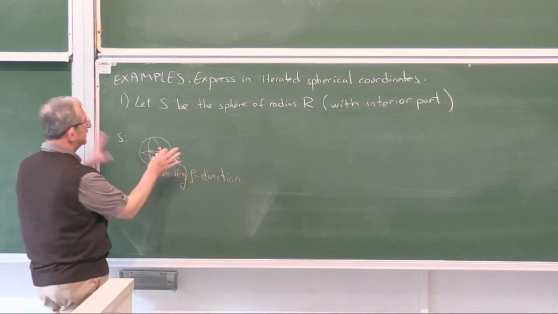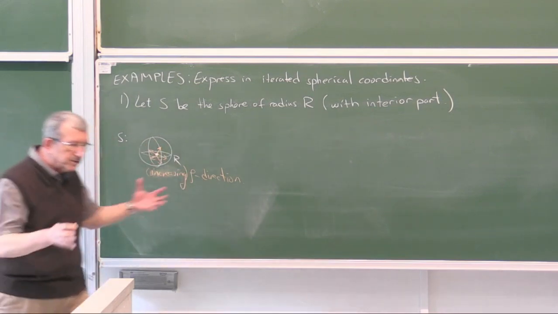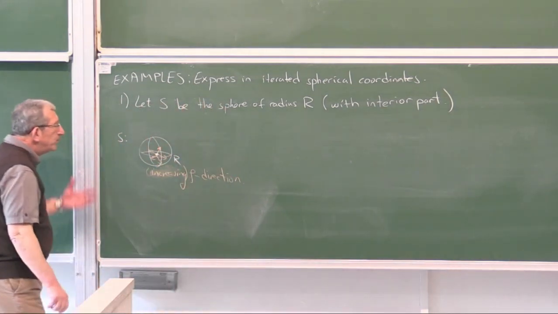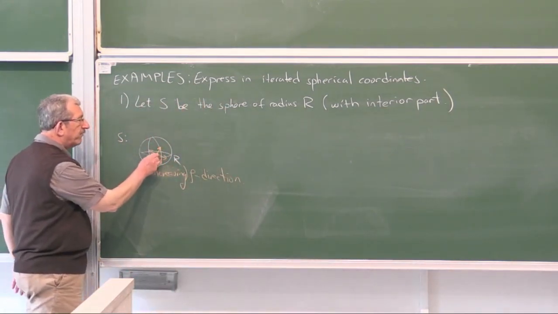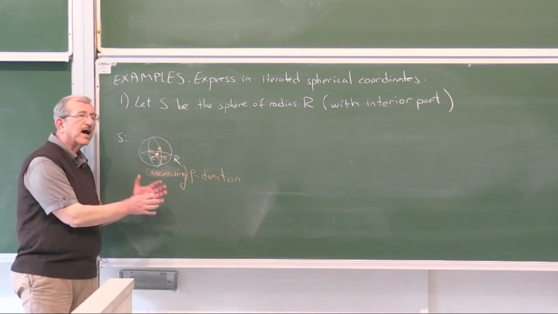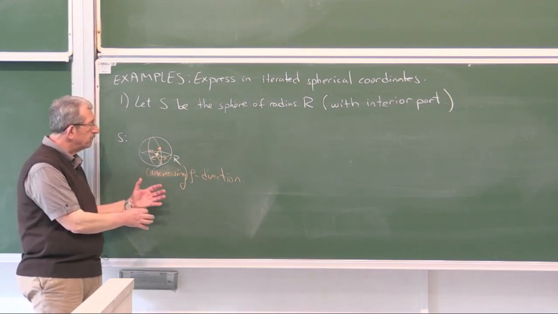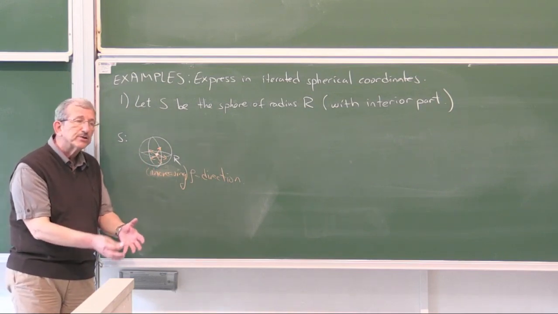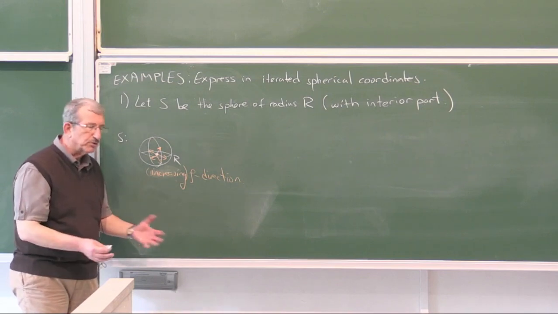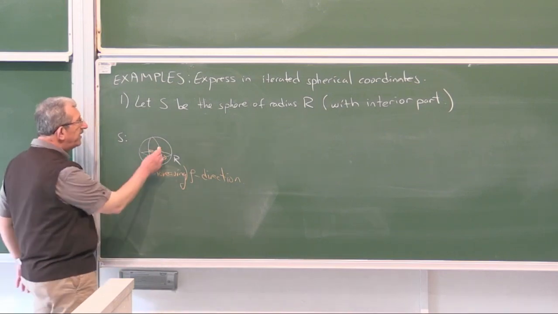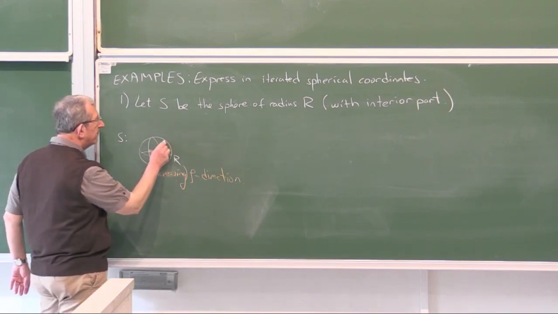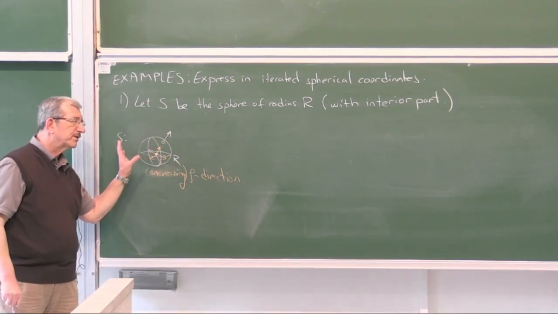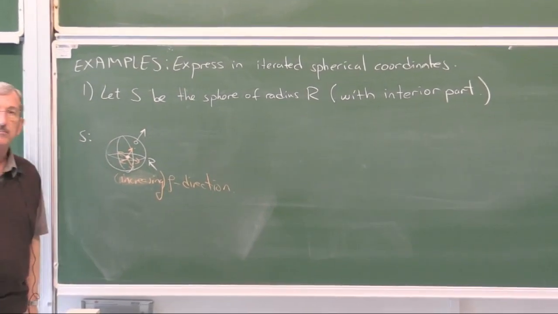So rho increases in all directions, so all directions give us the rho direction. Now what we see, well, starting with rho equal to 0, we are already inside S. And this is a surface. It's a sphere with radius 0, a degenerate surface, but it's a surface. And at the end, we always leave from the surface, the sphere with radius R.